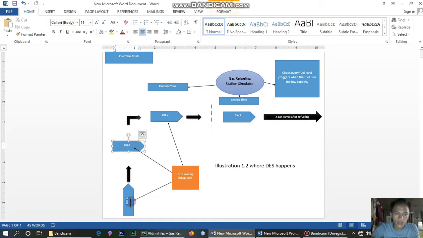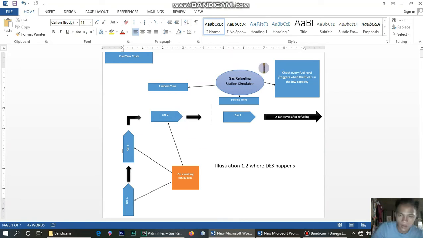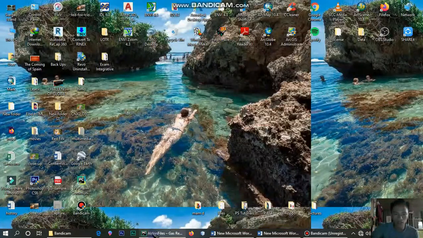Then car 3 and car 4 will wait until car 2 is finished. When the fuel level is very low, the fuel tank truck will automatically come to where the station is connected. So let's start with my code.